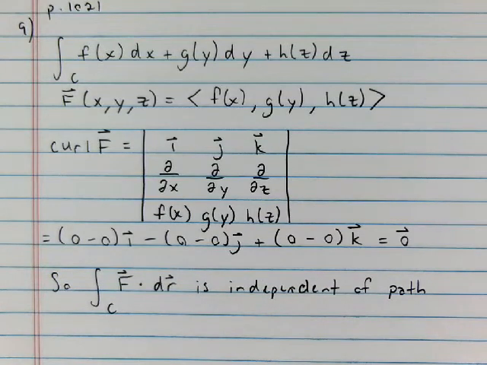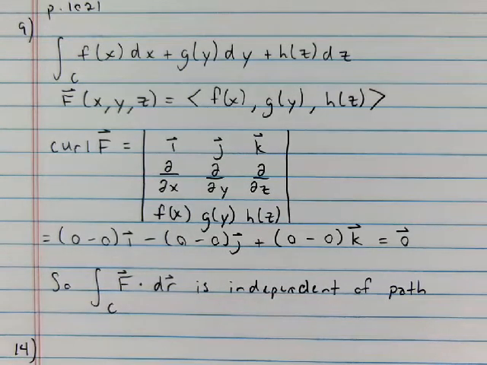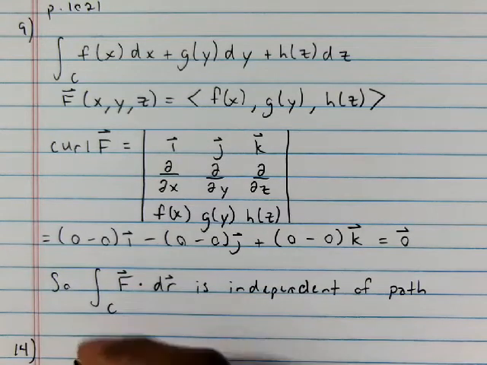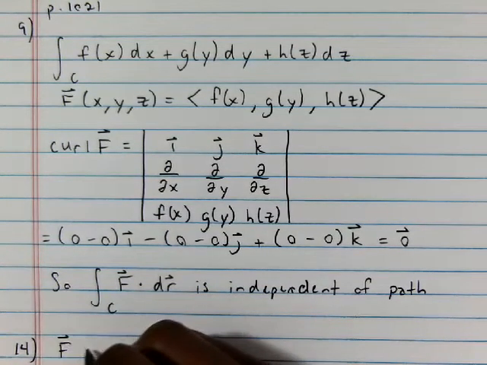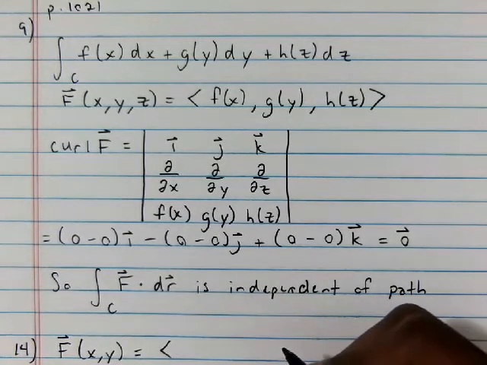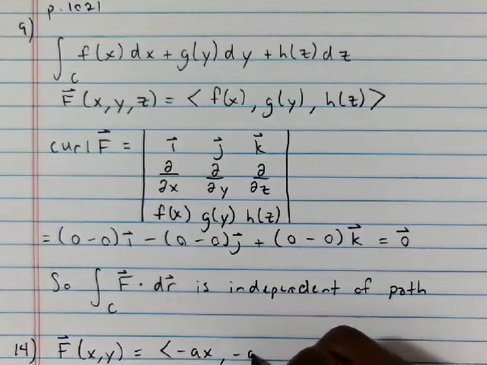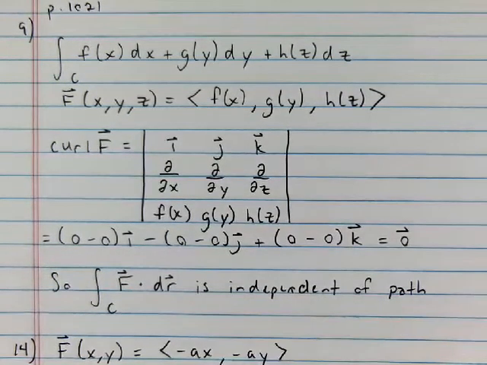Alright, so next we'll look at number 14 on the same page, which says the force F of x, y exerted at the point x, y by a two-dimensional linear oscillator at the origin is given by the vector field F of x, y equals negative ax, negative ay, where a is a positive constant.